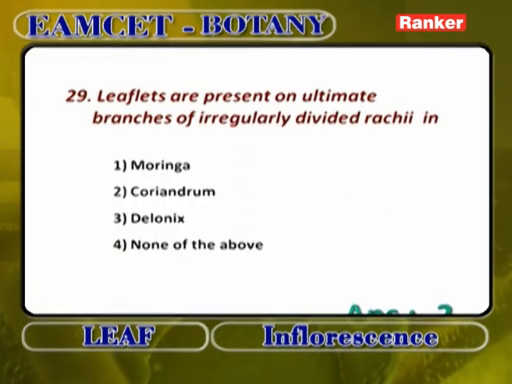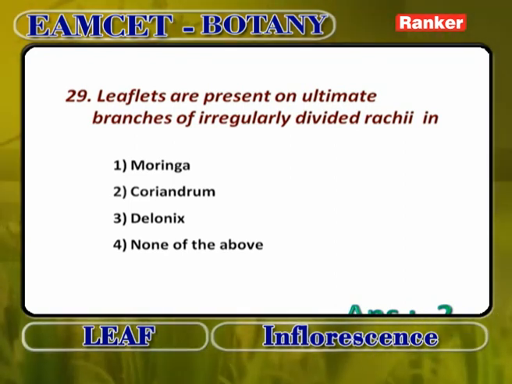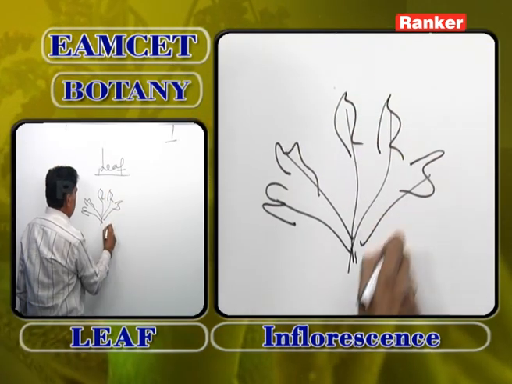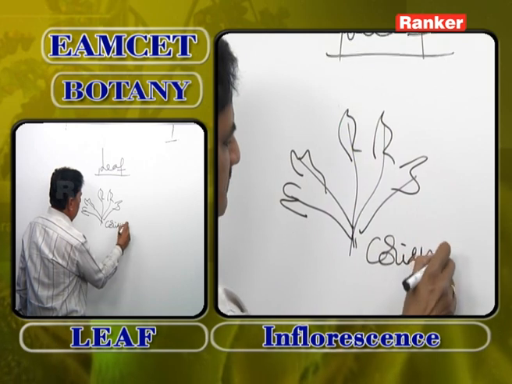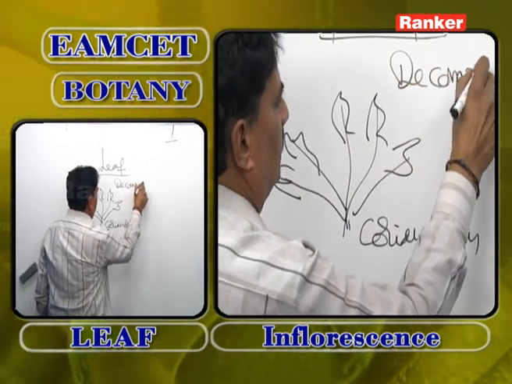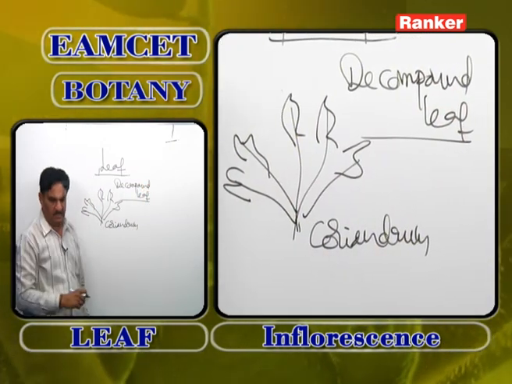Then, leaflets are present on ultimate branches of an irregularly divided rachis. Leaflets present on ultimate branches means the leaf is very much branched and dissected, with leaflets at the tip. For this the answer is Coriandrum. This is also called decompound leaf. It is very popularly called decompound leaf.